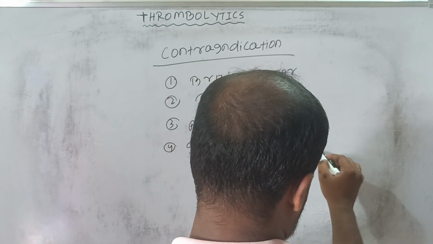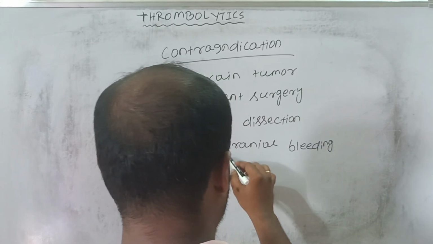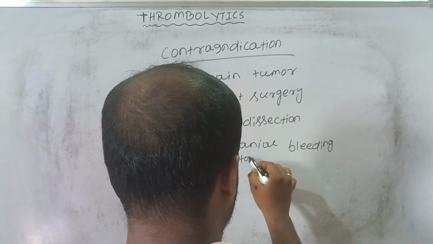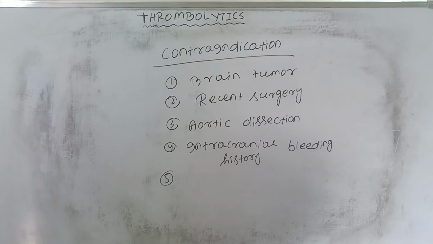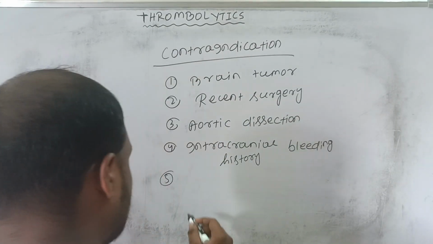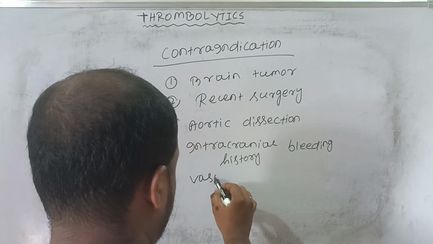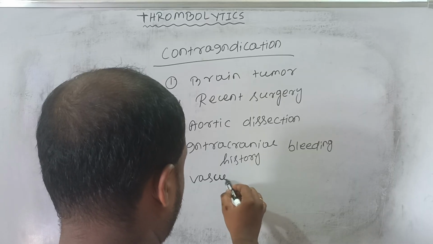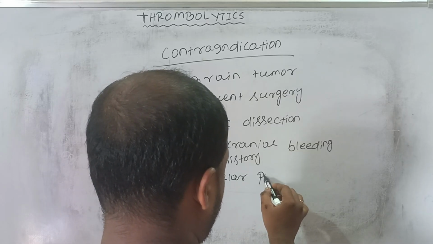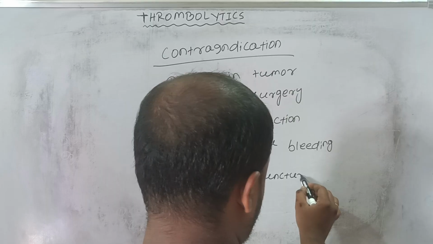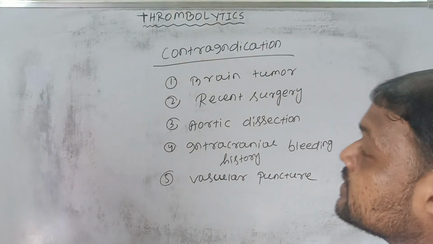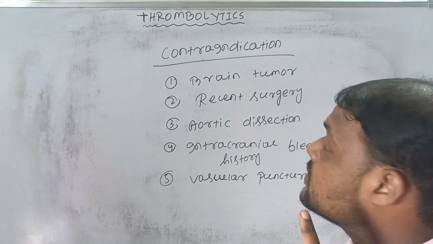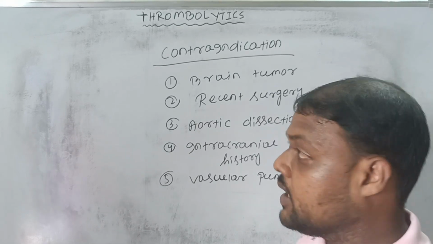Fifth one is non-compressible vascular puncture. In these five cases, the thrombolytic agent should be contraindicated.